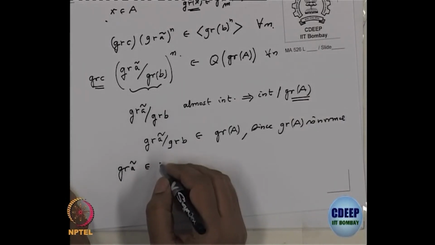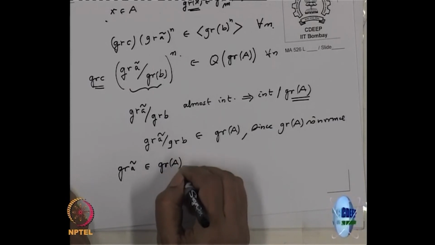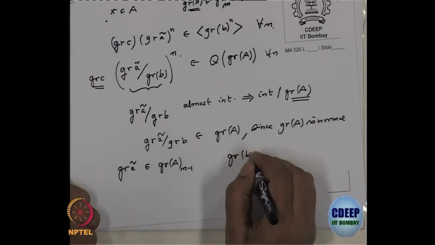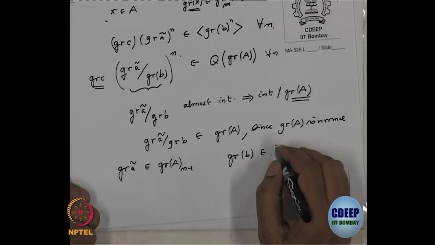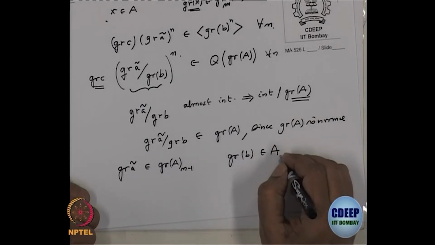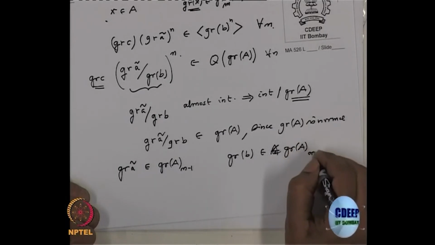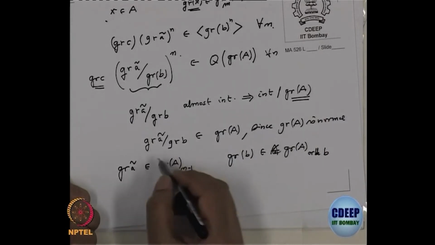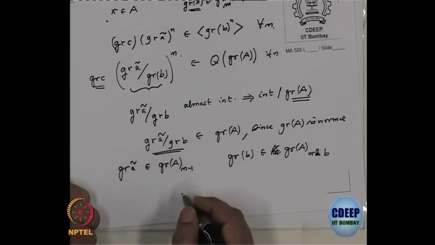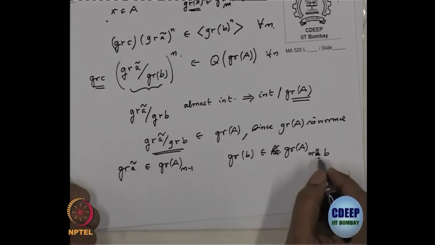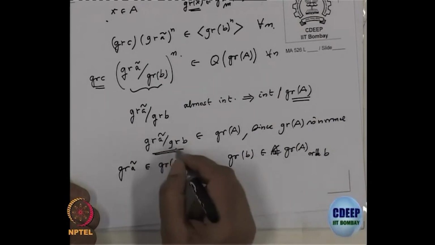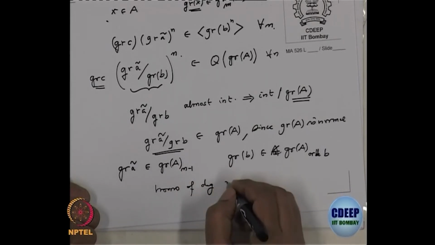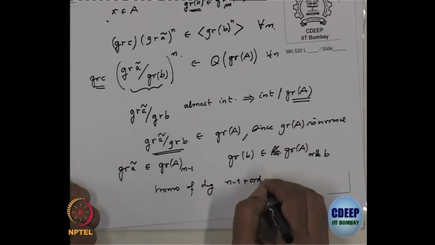So this belongs to GR A, degree n minus 1, and this GR B belongs to GR A, degree order B. Therefore this fraction is homogeneous: these are homogeneous elements of degree n minus 1 and degree order B, and therefore this fraction is homogeneous of degree n minus 1 plus order B.